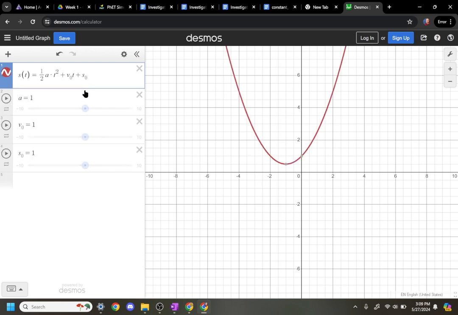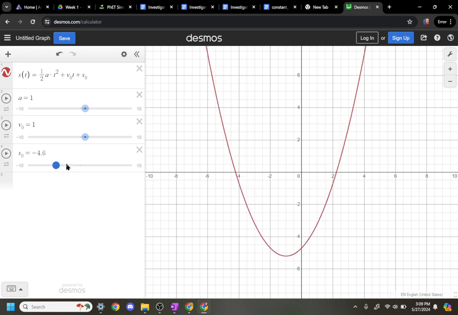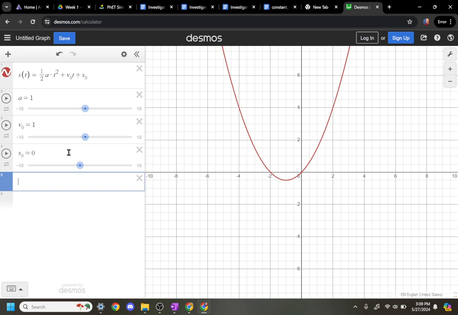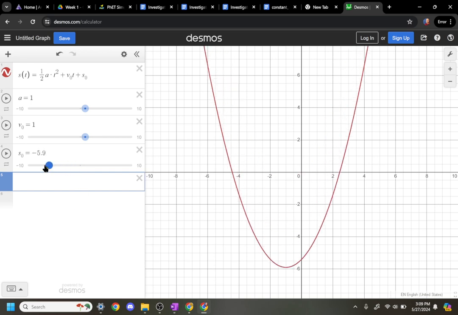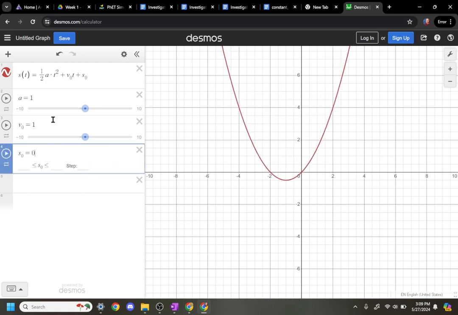And I'm going to add a slider for each of those things. The s naught slider controls where I start. It moves the whole graph up or down, a vertical shift. I could start at the origin, or I could start 10 feet behind or whatever. I could start ahead. It's relative to whatever reference point we choose. This is our initial position.